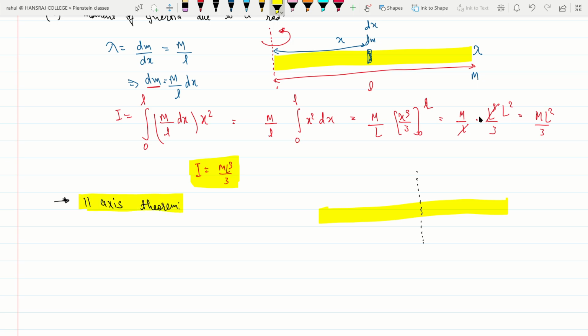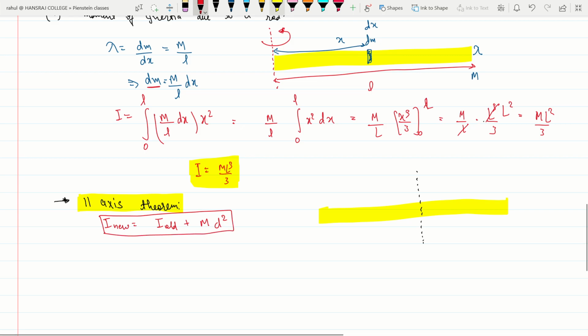What it says is that if we know the moment of inertia about one axis, we can shift to the other axis, like I new equals I old plus m, the mass of that object, times the distance d by which we are shifting the moment of inertia.